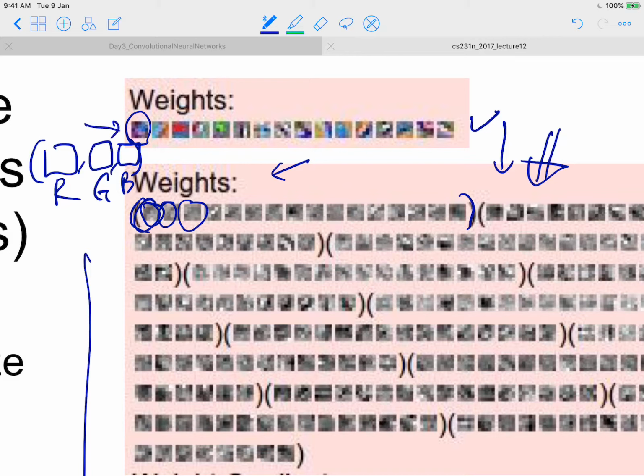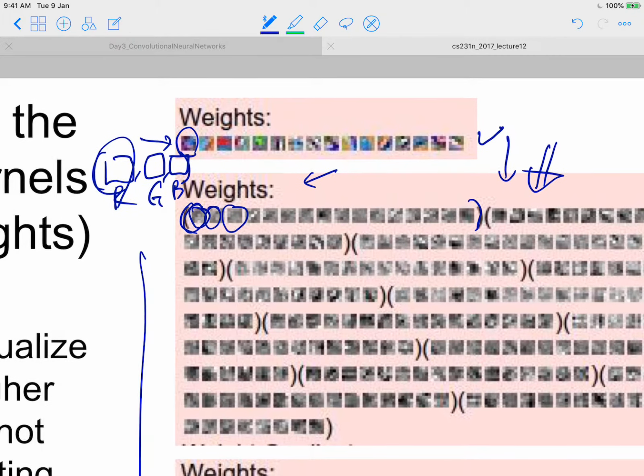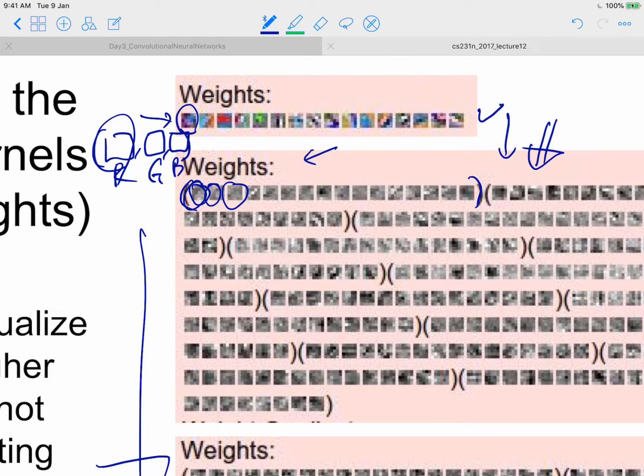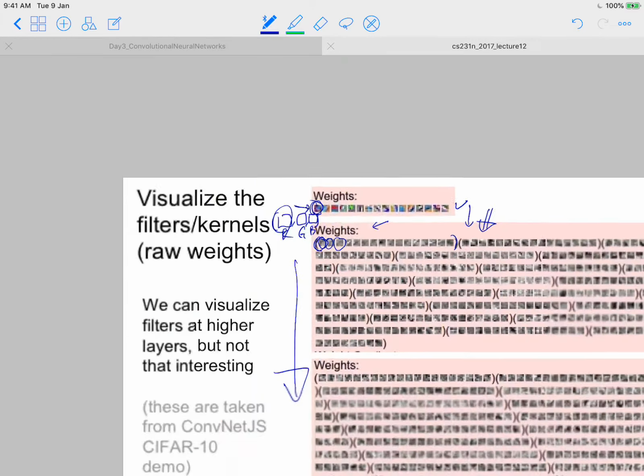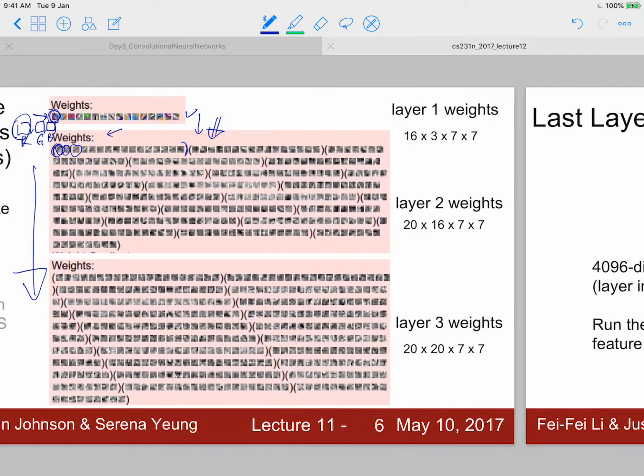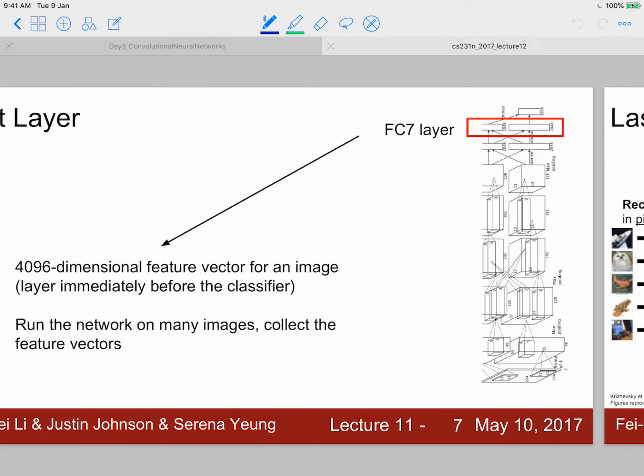But in the first layer, the channels of our conv filter correspond to RGB, so we can just assign that color and overlay them to obtain a single colored filter visualization.